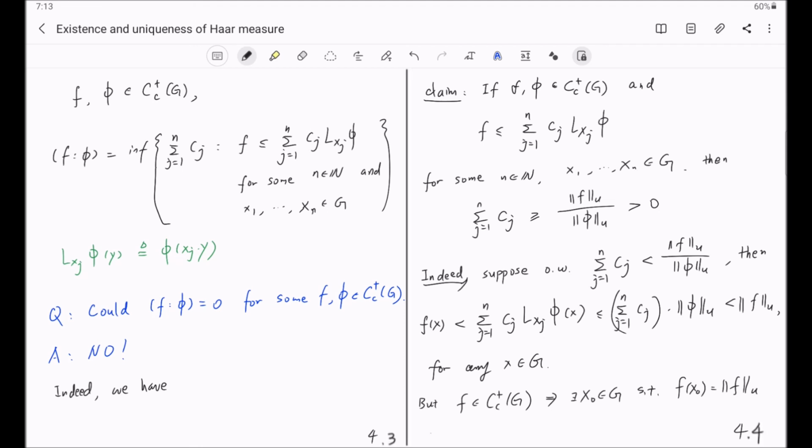So we get the contradiction, which verifies this claim. Because the origin of this contradiction is from this assumption. If the assumption fails, then the claim holds. So this answers our second question.